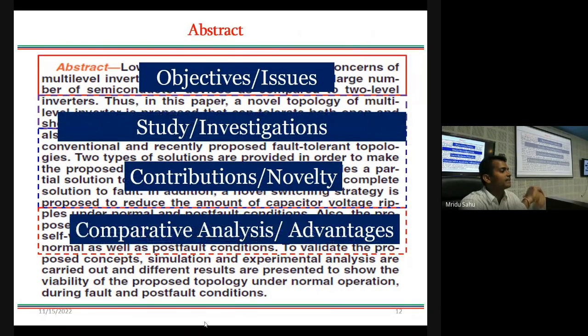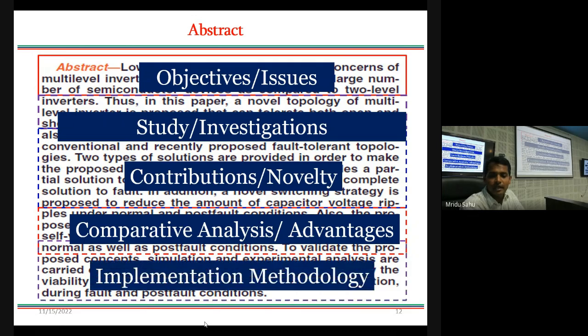The first one again comes to be objective and issues, study and investigation. Like what particular study you are carrying out. Investigation you can eliminate or you can put. So the first one that I have shown you is for a research article, the second one is for a review article. And the contribution, what specific contribution you are going to make through that particular review article, right?